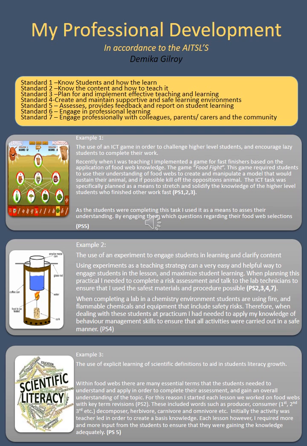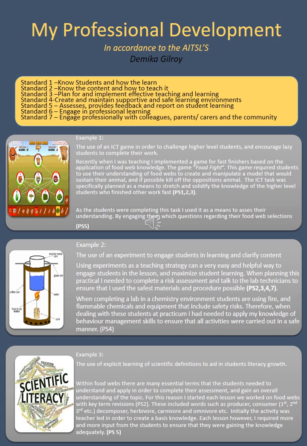For this reason, I started each lesson that we worked on food webs and the lesson dedicated to the assignment with new key terms and key term revisions. These included words such as producer, consumer, which is first, second, third, etc., decomposer, herbivore, carnivore, and omnivore, although more were added throughout the assignment to address analytical words such as hypothesis.